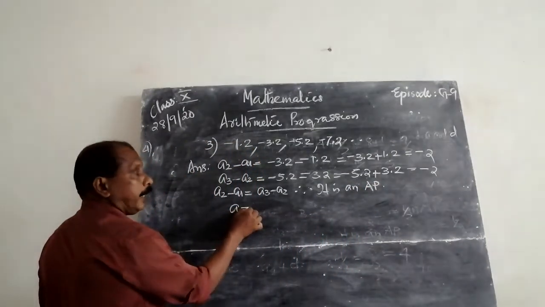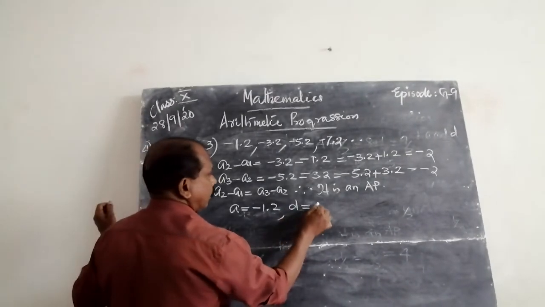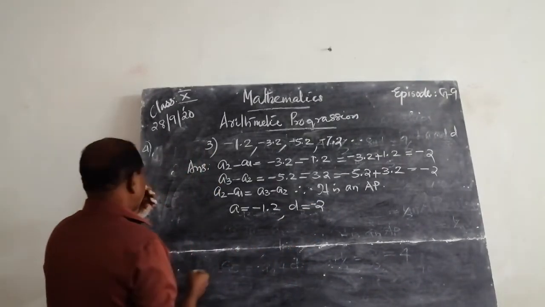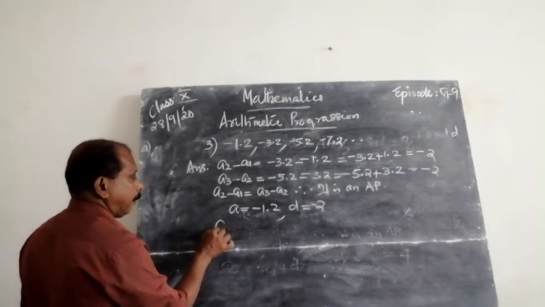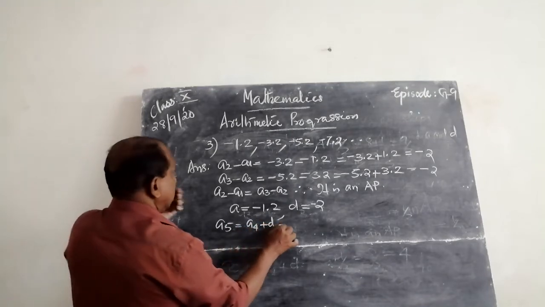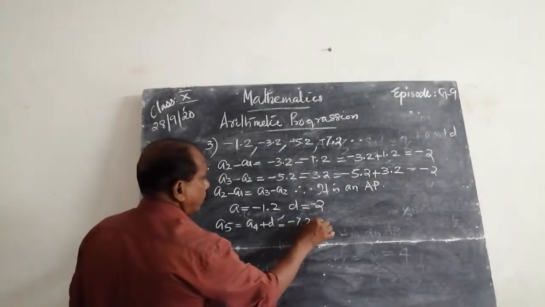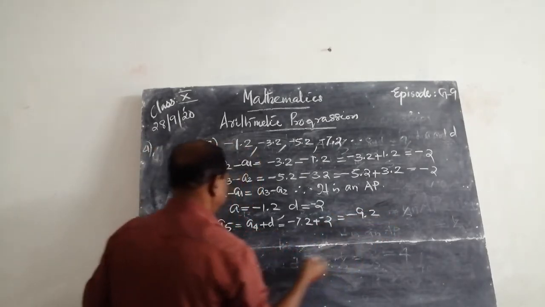And actually, A is equal to minus 1.2, B is equal to minus 2, then 1, 2, 3, 4. Then we can find out the fifth term. A5 is equal to A4 plus B is equal to minus 7.2 plus minus 2 is equal to minus 9.2.